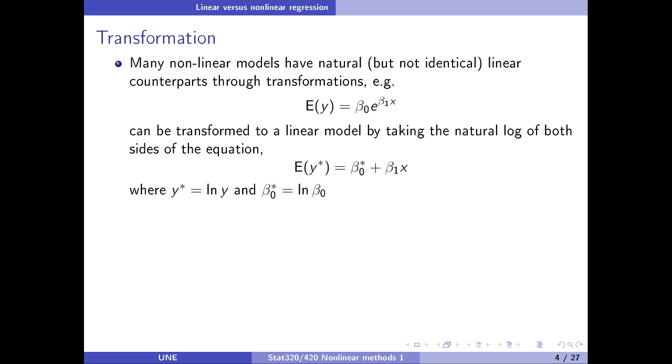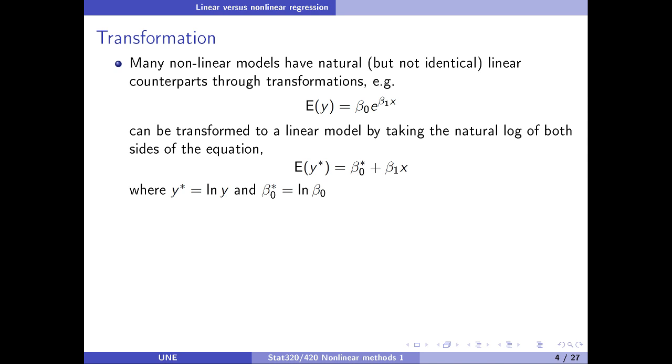But the natural log of one thing times another is the sum of the logs. So that works out to be our transformed y equals beta naught star plus beta 1 x. If you just work through the math, it's pretty straightforward to get here.